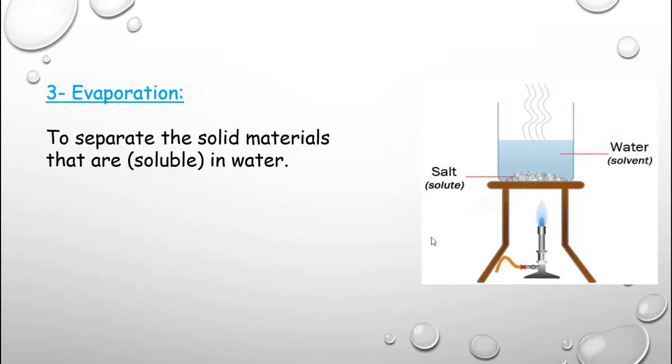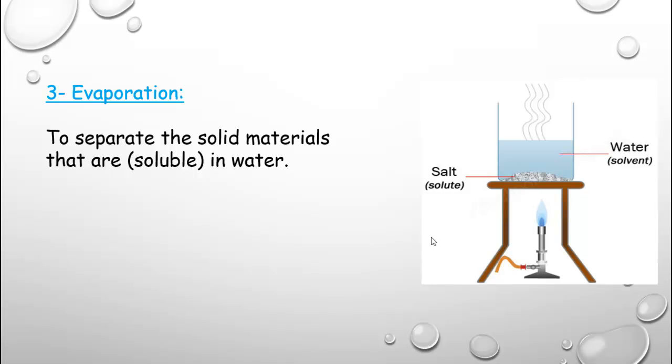The same thing happens in the ocean or in the sea. The sun will heat the water, and after some time, some of the water of the ocean or the sea will evaporate.